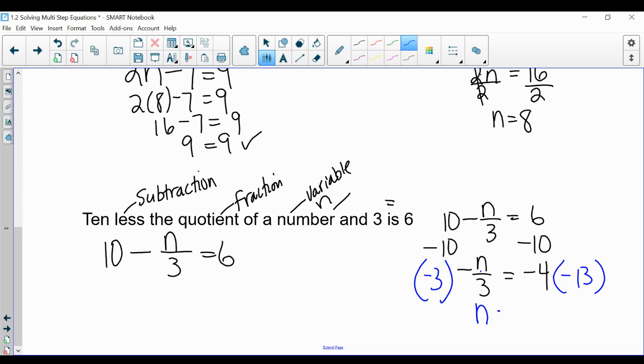So n is equal to 12. Let's see, getting in a hurry. Okay, so n is equal to, so a -4 times a -3 is 12. So let's just substitute it back in just to make sure it works.